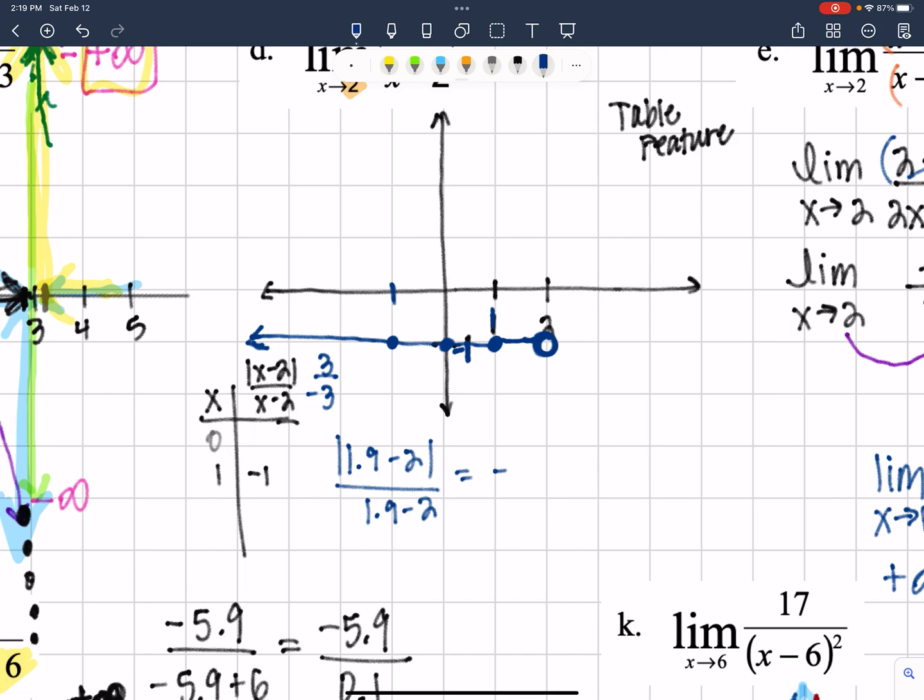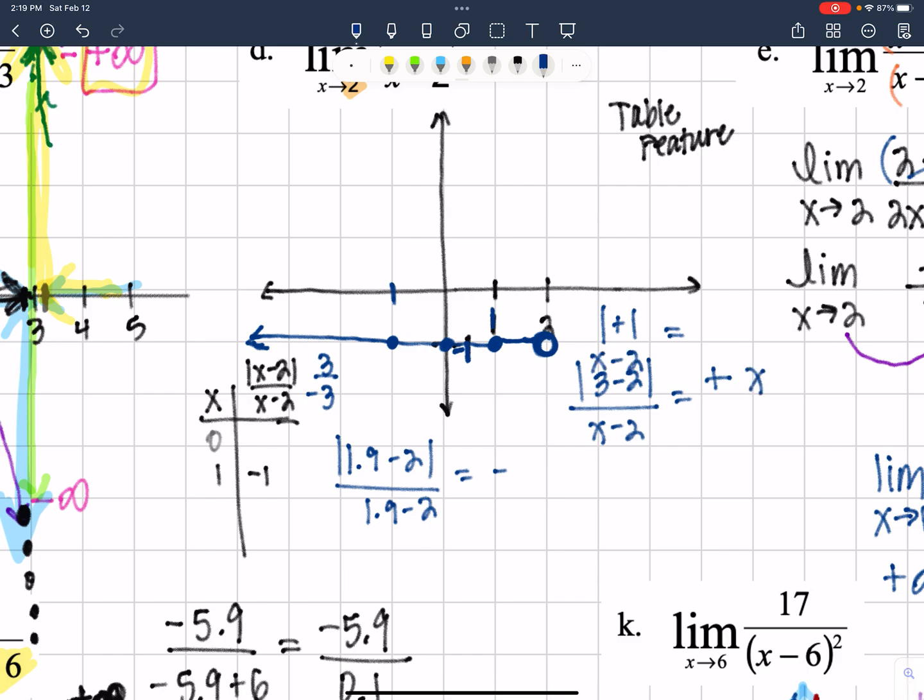Now when we go to the right of 2, for instance, 3 minus 2. Now my absolute value, I don't need to make it positive. It's already positive. The absolute value of a positive is already positive. So in the numerator, I'm just going to have x minus 2, whatever x is minus 2.